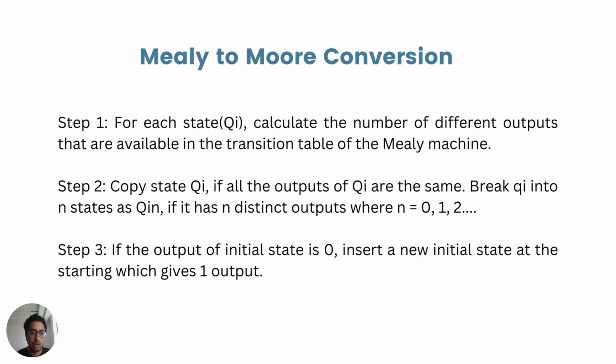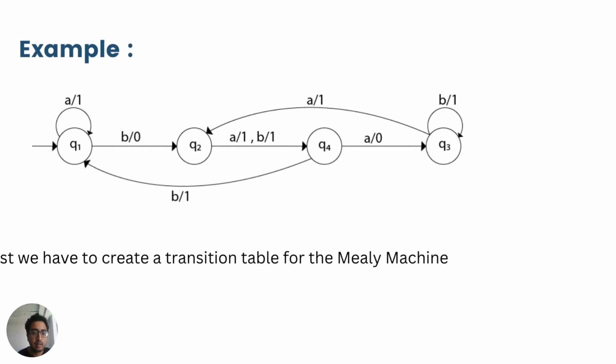In step 2, copy state Qi if all the outputs of Qi are the same; otherwise, break Qi into n states as Qi0, Qi1, Qi2 and so on, if it has n distinct outputs. In step 3, if the output of the initial state is 0, insert a new initial state at the start which gives 1 output. Coming on to the next slide.